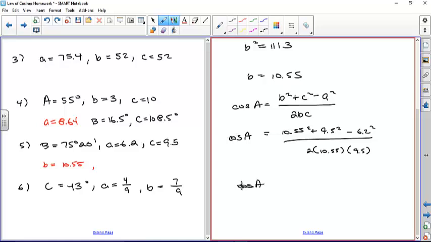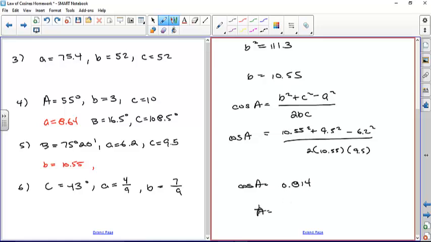So the cosine of A, so plug this in our calculator, 10.55 squared plus 9.5 squared minus 6.2 squared divided by 2 divided by 10.55 divided by 9.5, and I get 0.814.